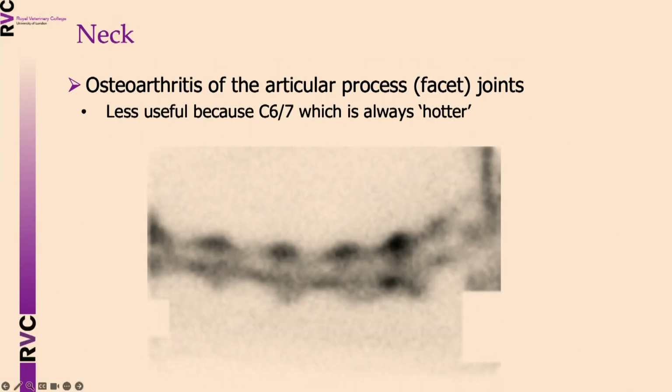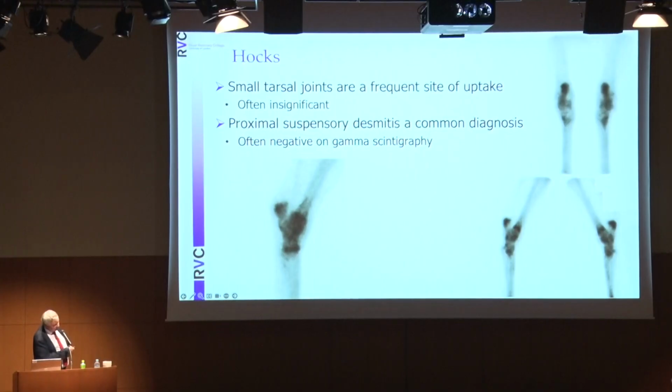But one of the more commonly affected joints is always hot, even in normal horses. Also, sometimes we see areas of uptake in the hock joints, a very common site of osteoarthritis. But this is often insignificant.